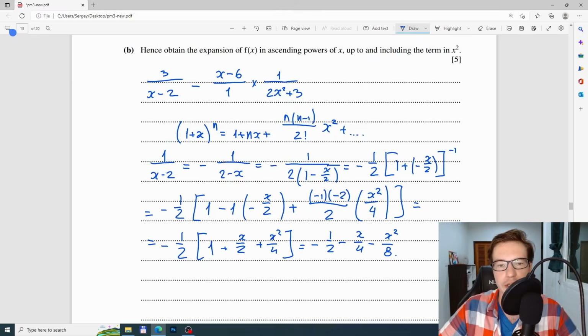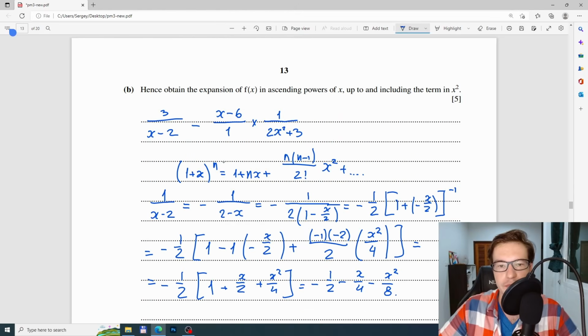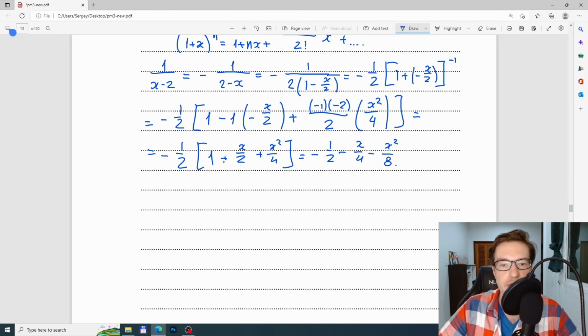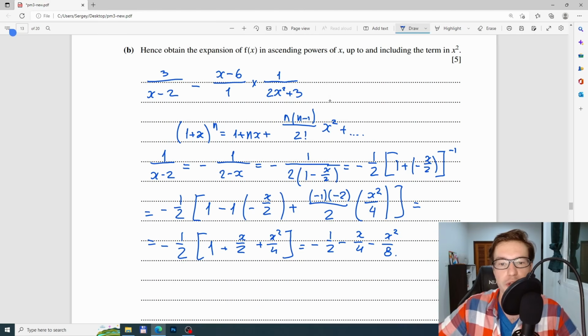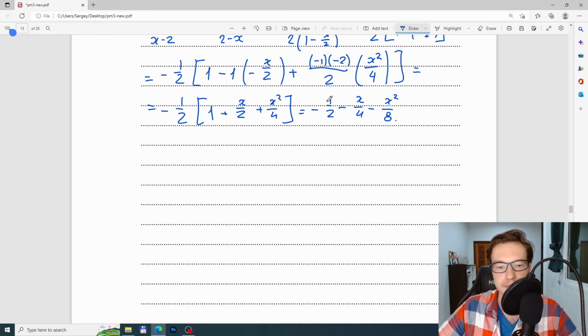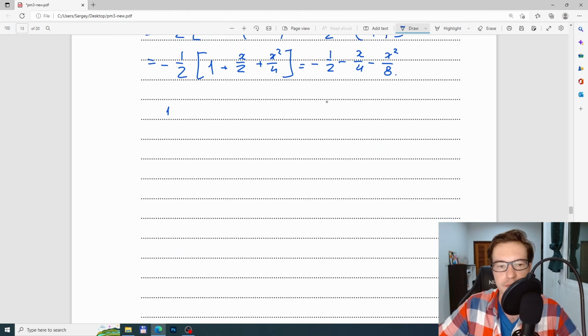And now let's have a look at this second fraction. Now I'm going to focus only on 1 over 2x squared plus 3. So 1 over 2x squared plus 3 equals to 1 over, let me just rewrite it.